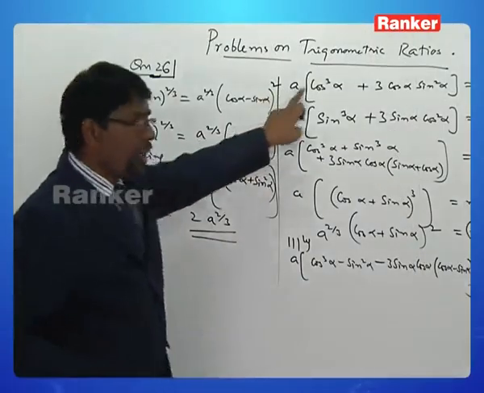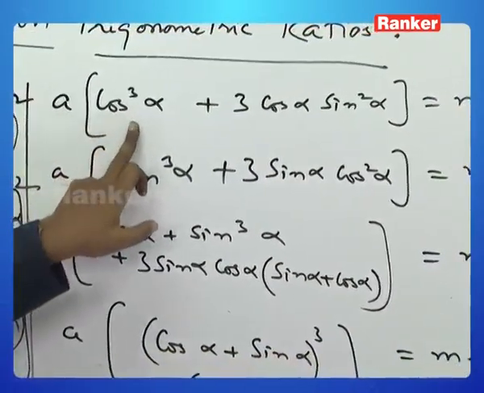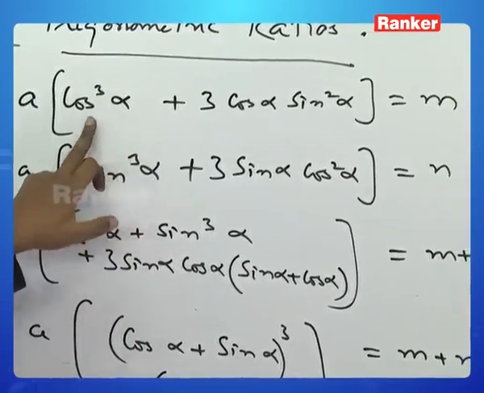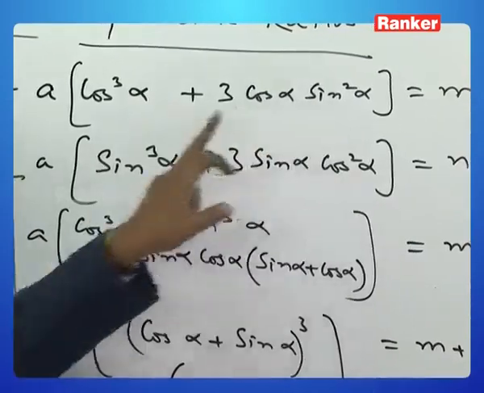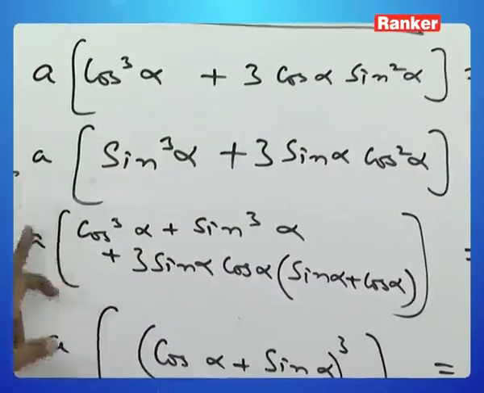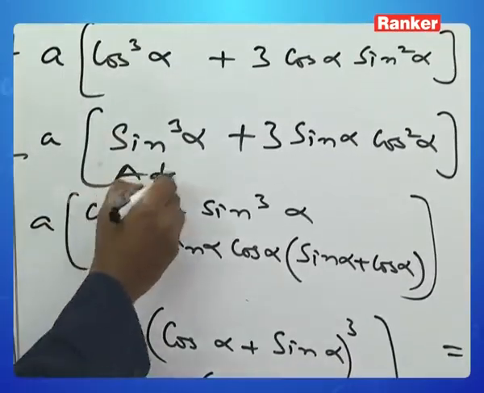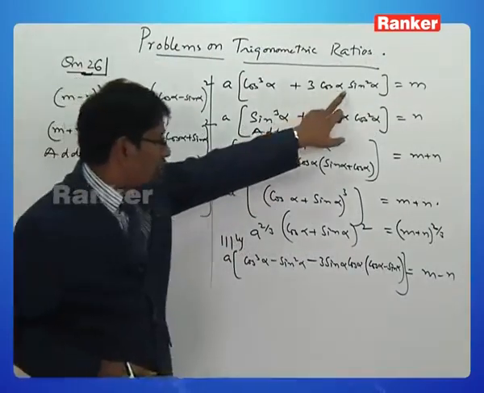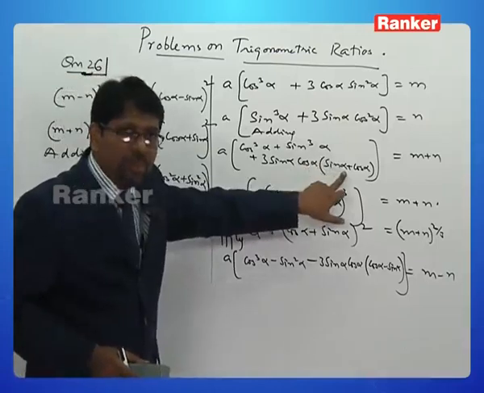So I go back once more. What I have done was I have taken out a common in the first expression. So we have a into cos cube alpha plus 3 cos alpha sin square alpha. Again a taken common. Now we are adding. Inside this we took 3 sin alpha cos alpha as common, so we got sin alpha plus cos alpha.